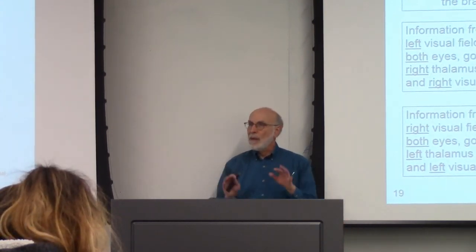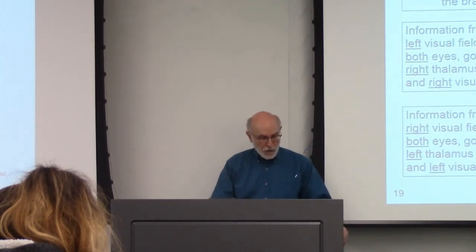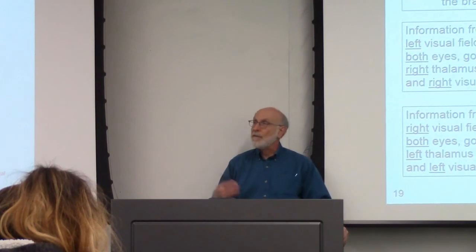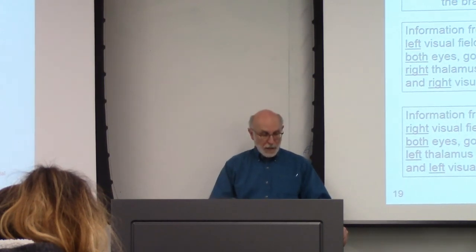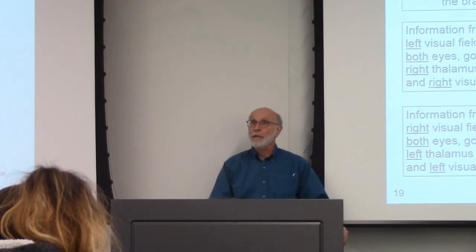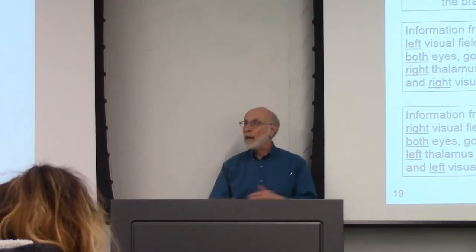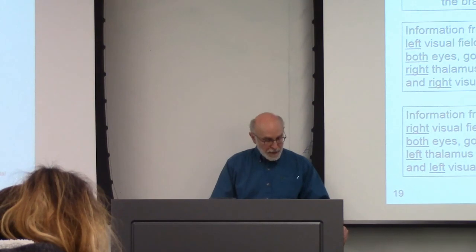I'm just being a little legalistic here, but the answer is correct. Right visual field information starts in the left primary visual cortex. So G is a true statement.